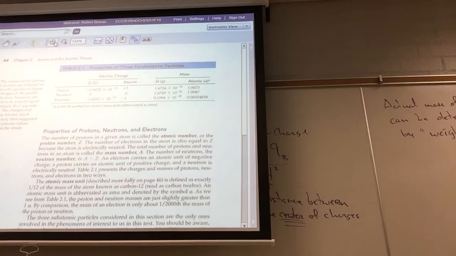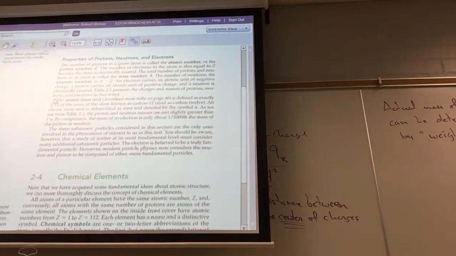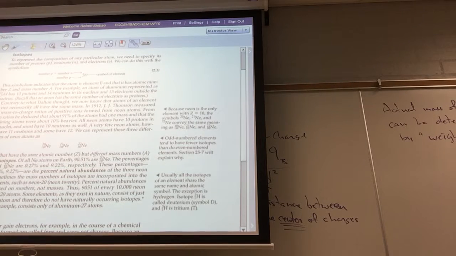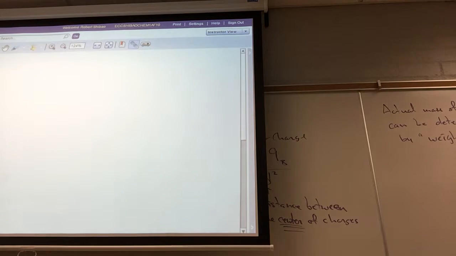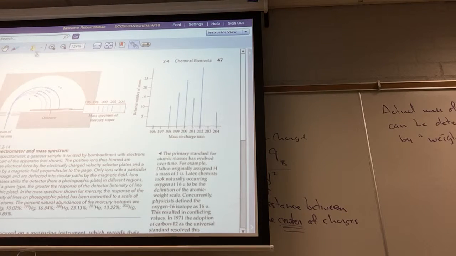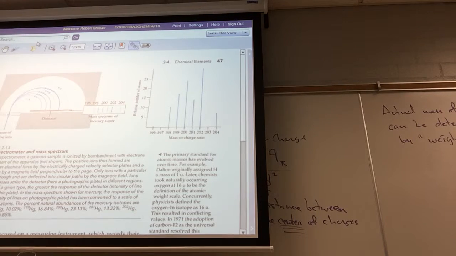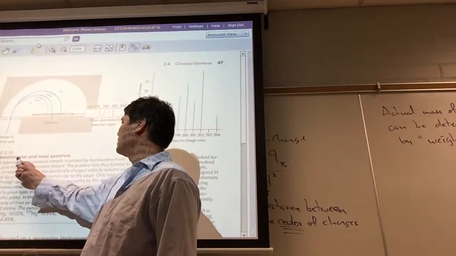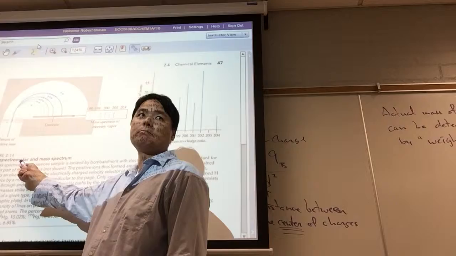Do you know how you weigh single atoms? What instrument we use? We use something called a mass spectrometer to weigh single atoms.